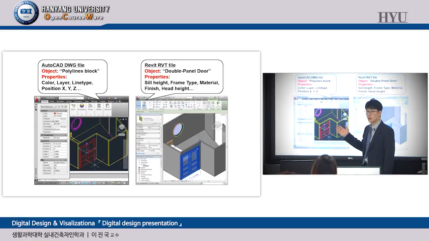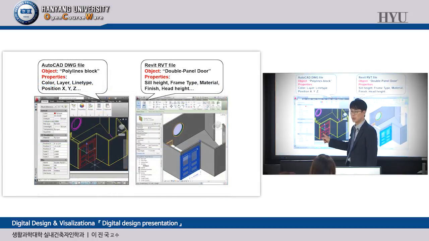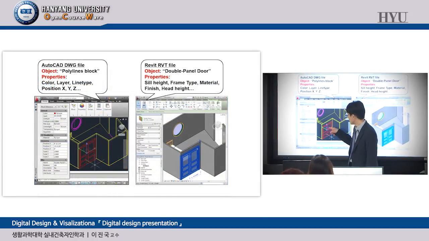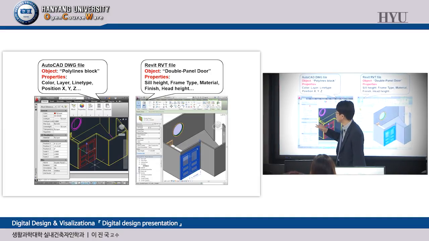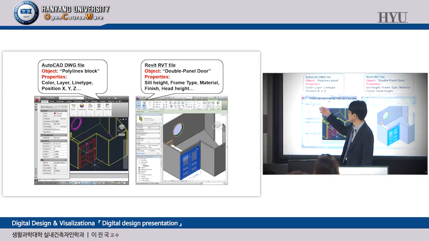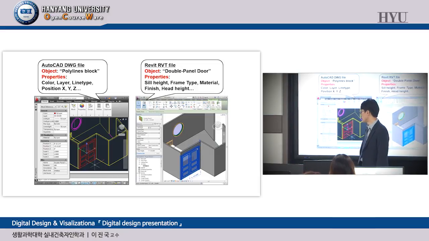But if you load that CAD file, the same model, okay, this simple design can be extracted to AutoCAD. And then you can click this door object. But the problem of AutoCAD is it doesn't know this is a door. AutoCAD only displays layer information, geometric position X, position Y, position Z, Cartesian coordinate system.